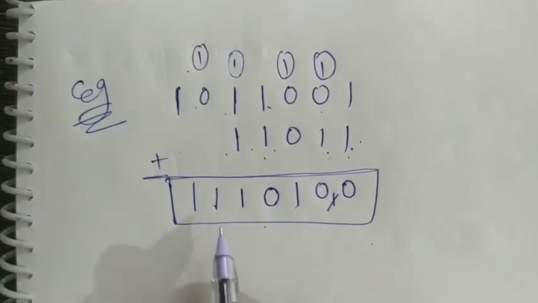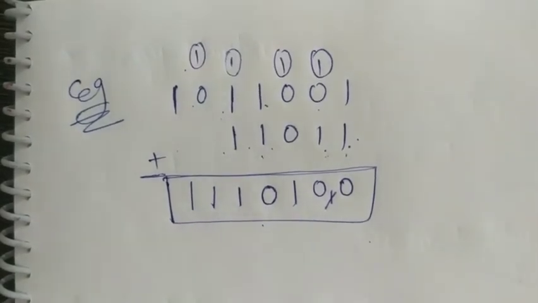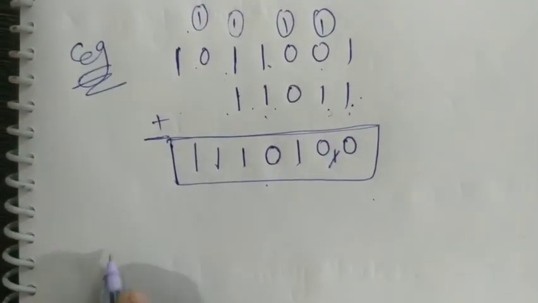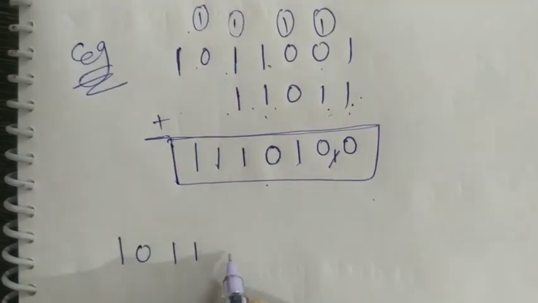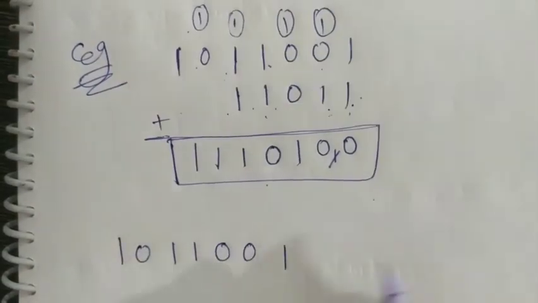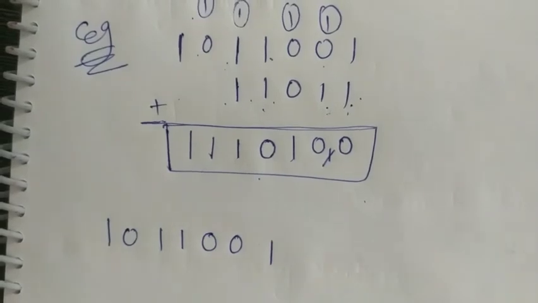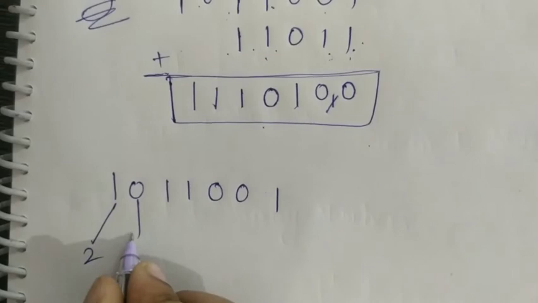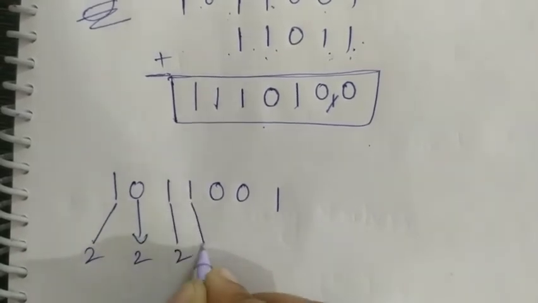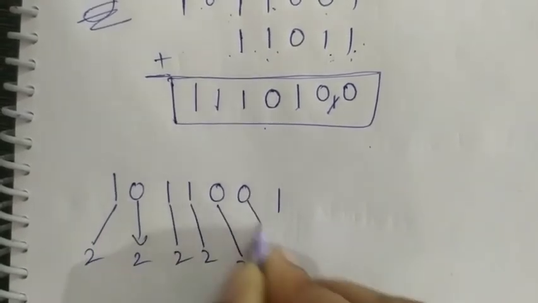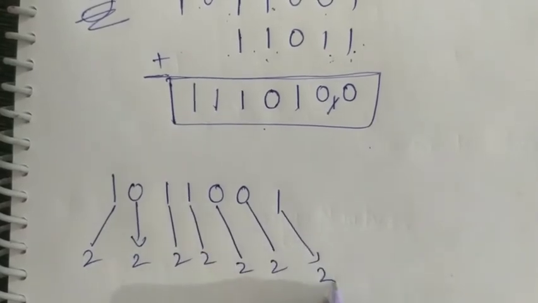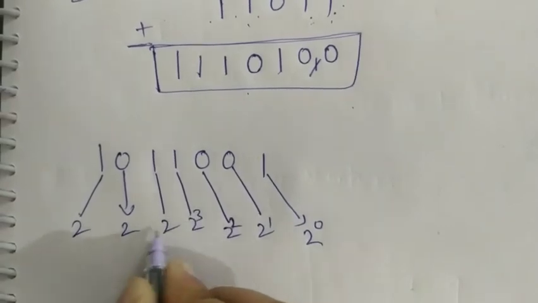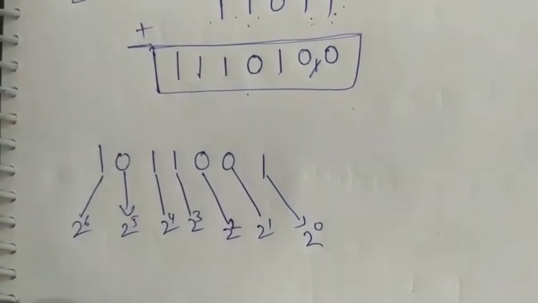If you wish, you can check in decimal format also. Convert to decimal format. What will the first number be? 1 0 1 1 0 0 1. So it will be like this. Two from the last, 2 raised to power 0, 1, 2, 3, 4, 5 and 6.